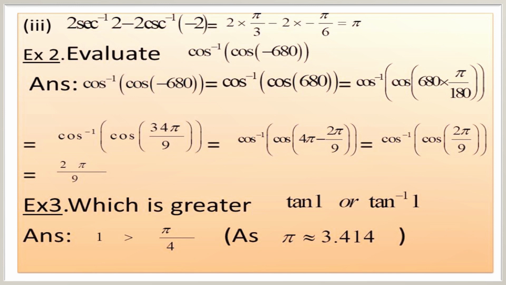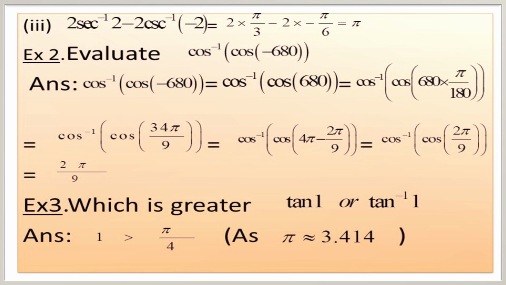Cos of minus 680 is the same as cos 680, because you know cos of minus theta is again cos theta. Now convert that 680 to radian form, that is 680 into pi by 180.